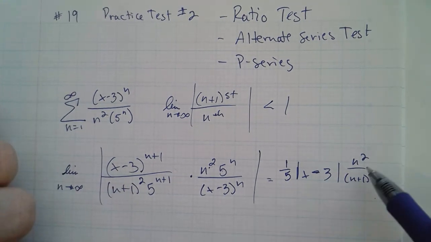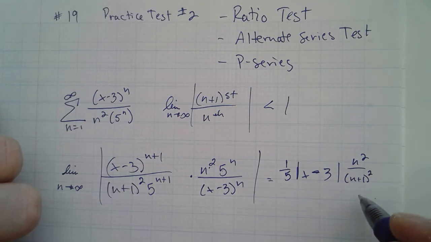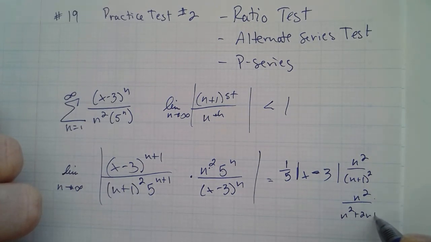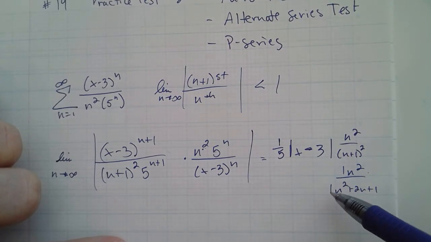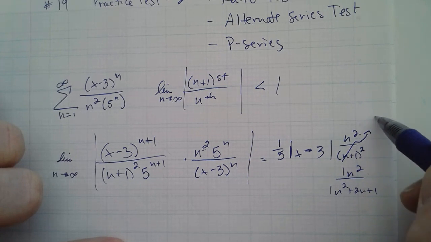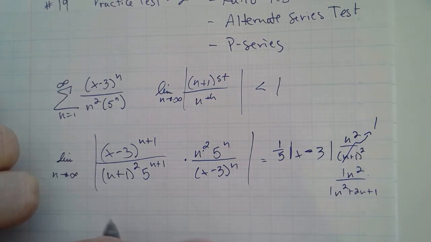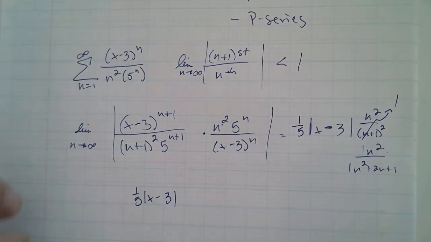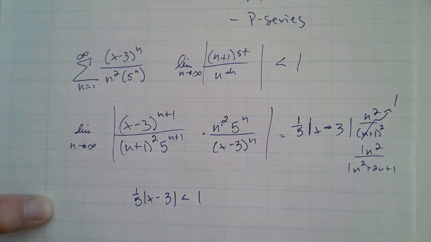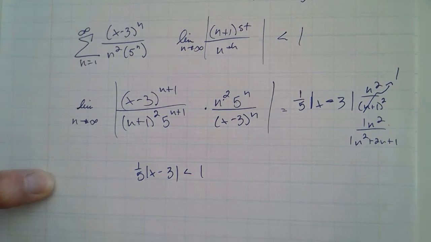Remember, n is going to infinity, so n squared over (n plus 1) squared, and the ratio of the coefficients is just 1 over 1, goes to 1, which it often does. So we have 1/5 times the absolute value of x minus 3. It has to be less than 1 in order to converge.